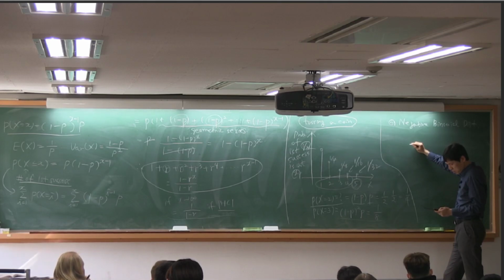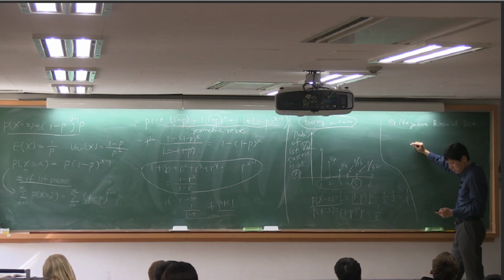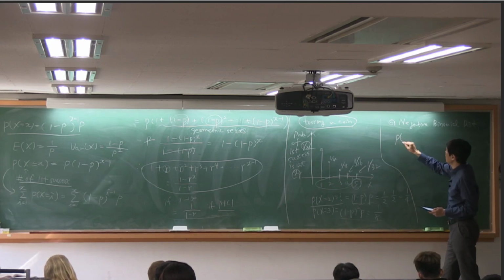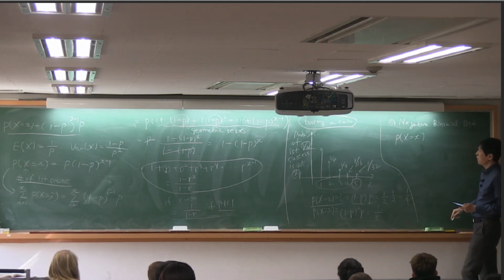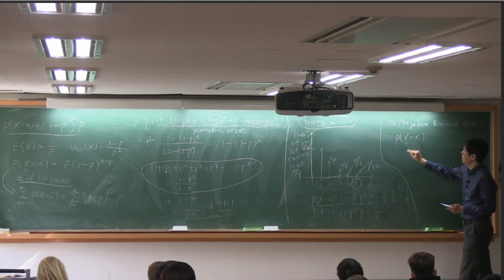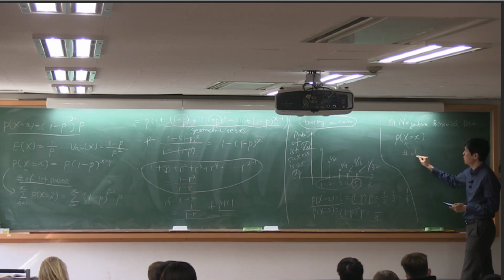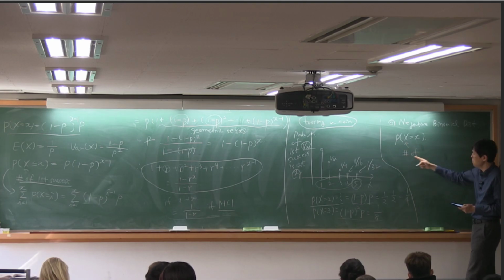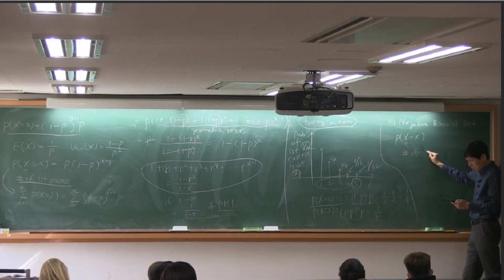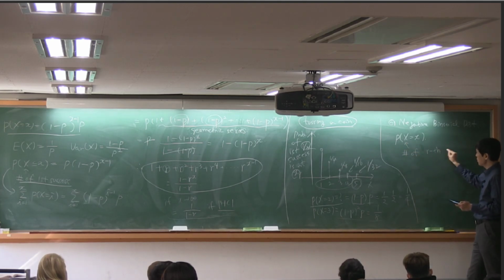In the negative binomial distribution, the probability that x is x, this variable is the number of r's success.